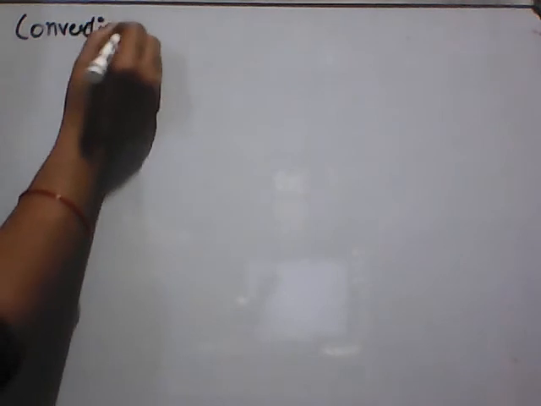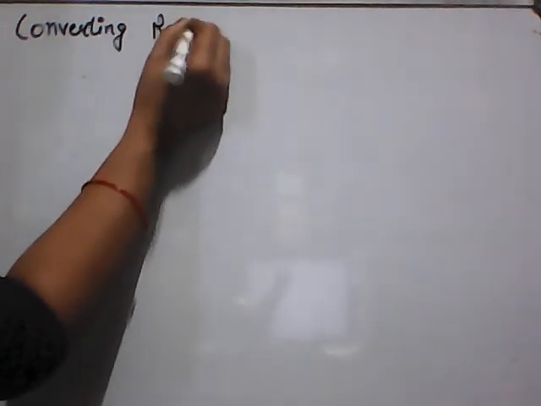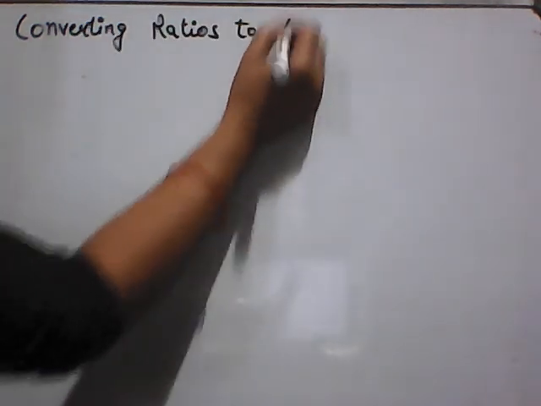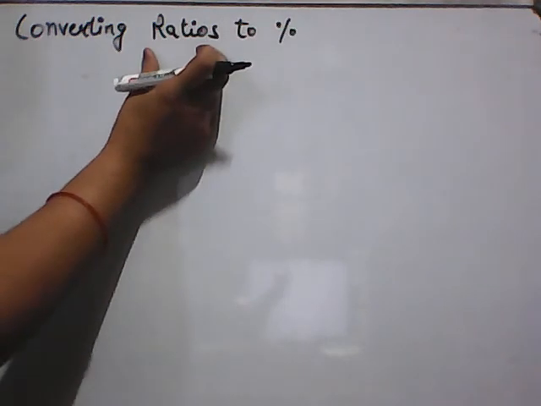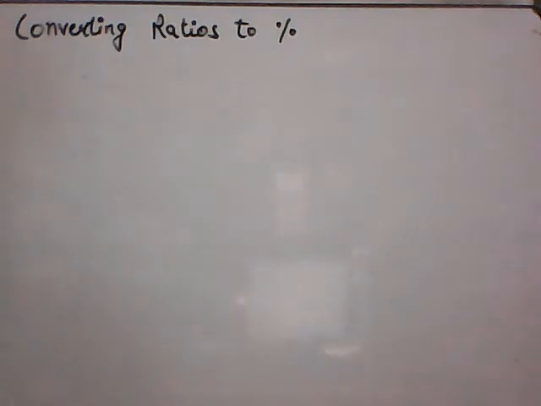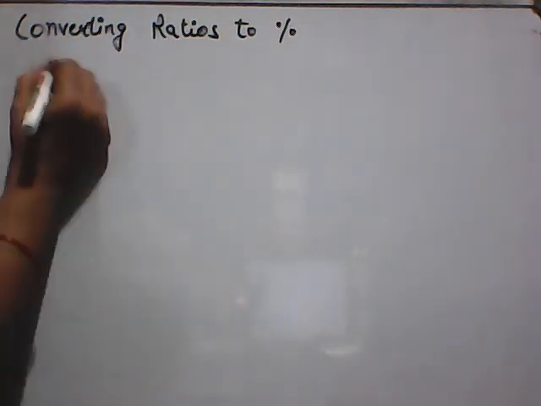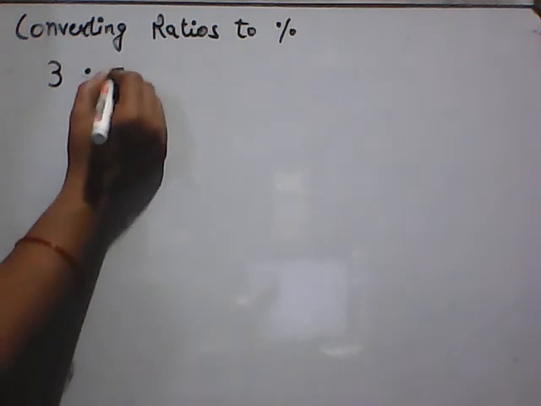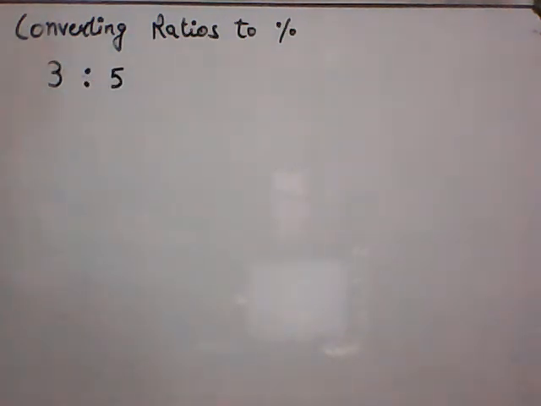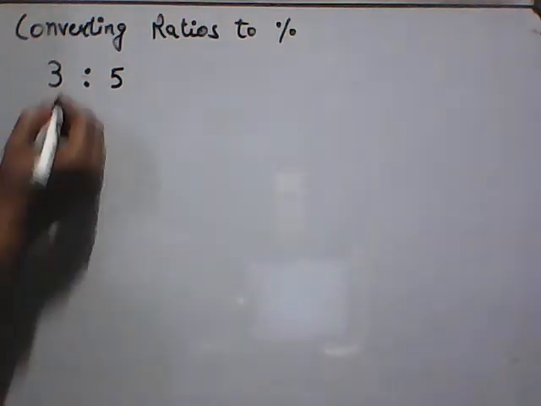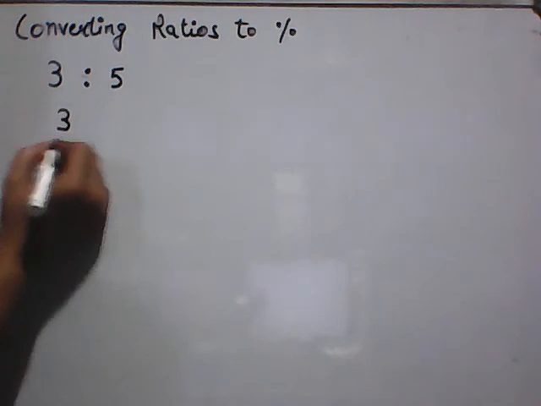Next is converting ratios to percentage and vice versa. Suppose a ratio is given to you and you have to convert it into a percentage. Suppose the ratio 3 to 5 is given to you. We know that a ratio can be written as a fraction, 3 by 5.